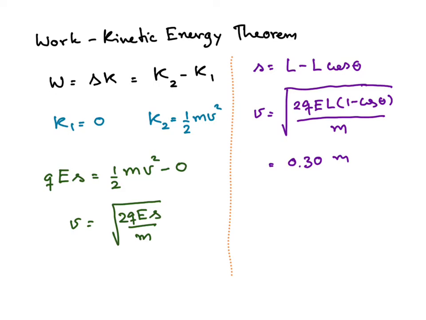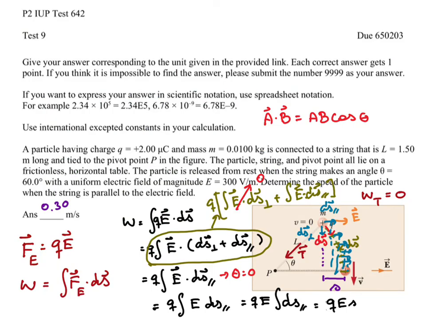When we rearrange this relation, we get that v is equal to the square root of 2QEs over m. We know the values of Q, E, and m, right? We have the value of Q, we have the value of m, and we have the value of E.